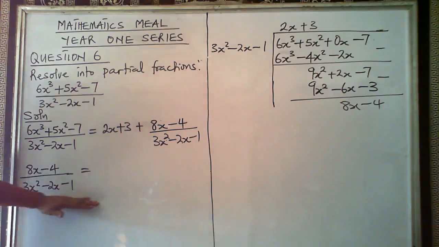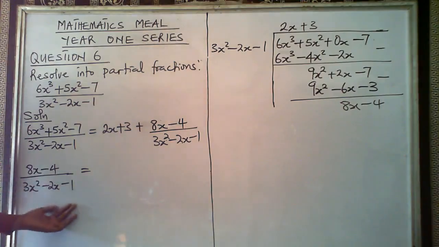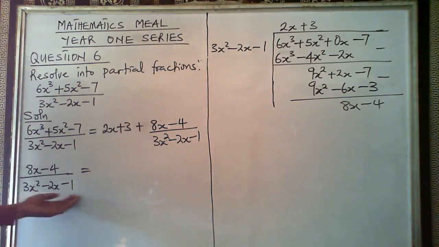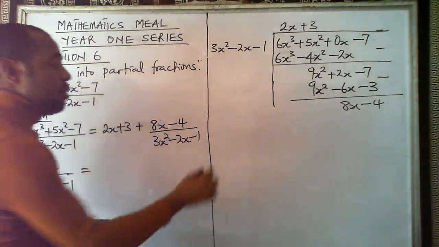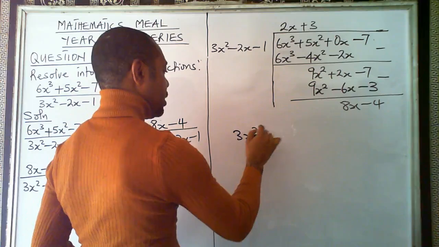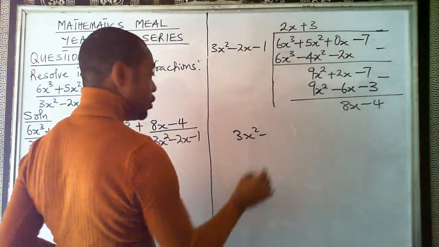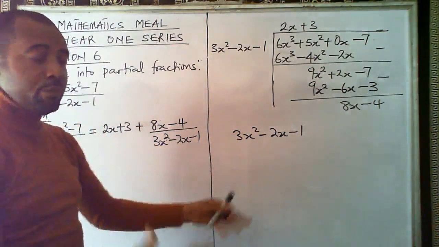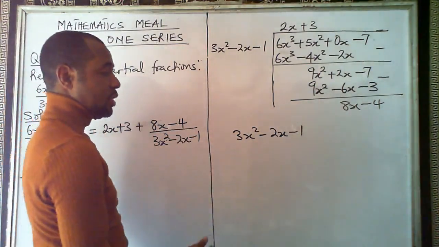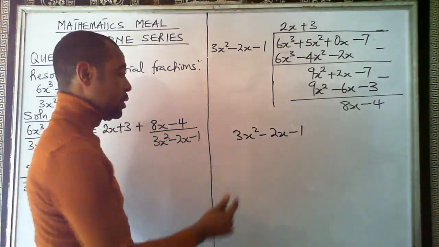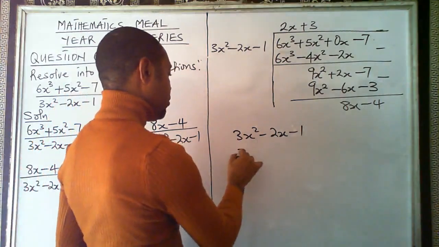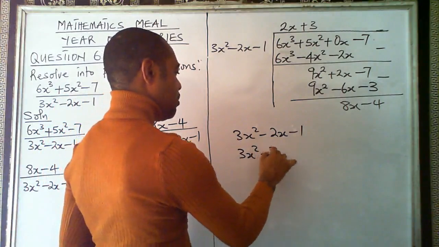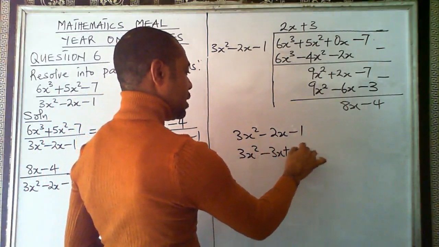Now, this is a quadratic expression. We need to factorize this. Now, if we factorize 3x squared minus 2x minus 1, you remember how we carry out factorization of quadratic expressions. I'm going to have 3x squared minus 3x plus x minus 1.